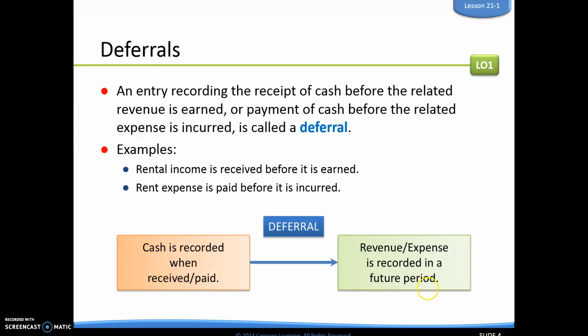When we look here, cash is recorded when it's received or paid, but that revenue or expense actually gets recorded in the future. That's called a deferral. Now, in section 21-1, we're only going to talk about accruals. We're going to talk about deferrals in our next section, so just hang on for a little bit, but we wanted to explain the concept of the two, accruals and deferrals.